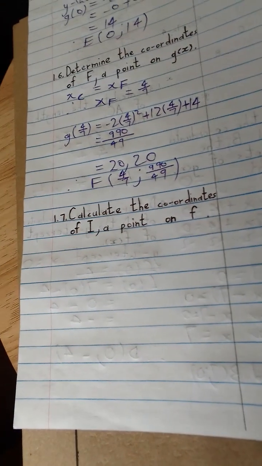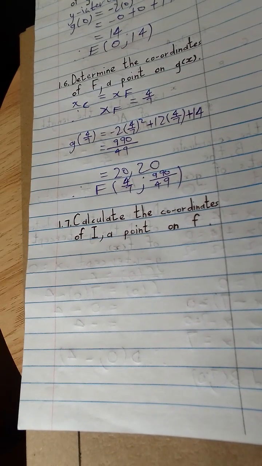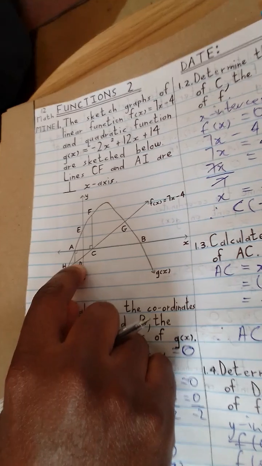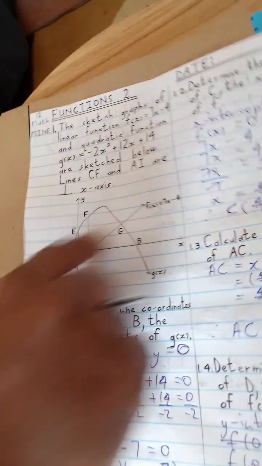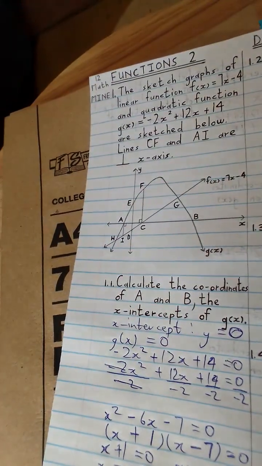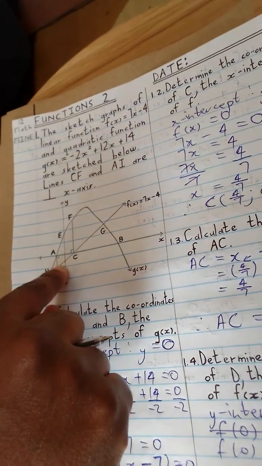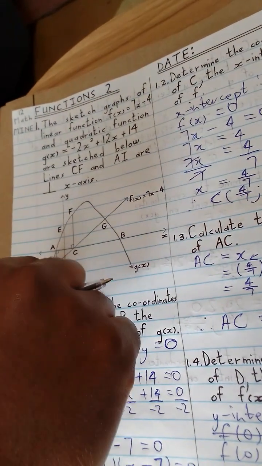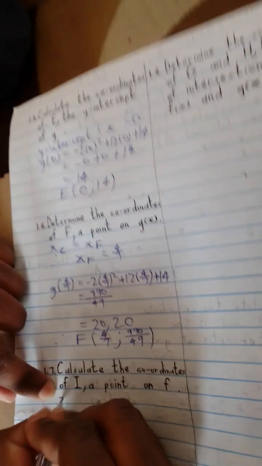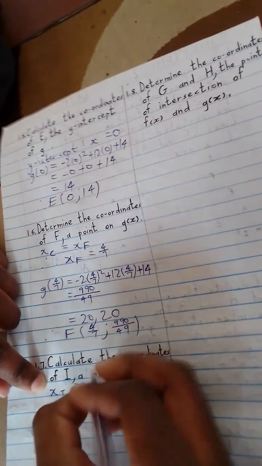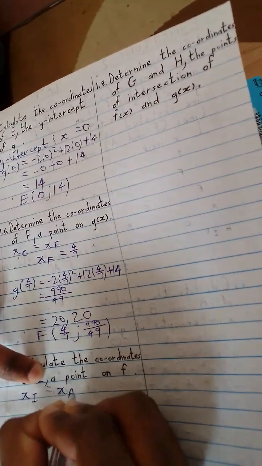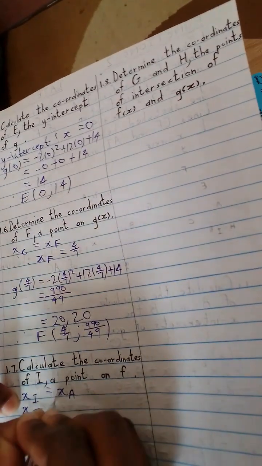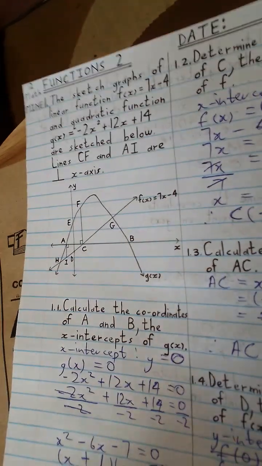1.7 states, calculate the coordinates of I, a point on f. Here is I, and we are told that it's a point on f, the straight line graph. So that means since AI is perpendicular to the x-axis, x of I is x of A. So x of I is x of A, -1.